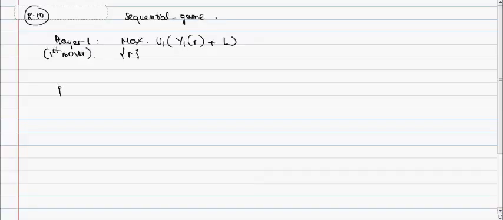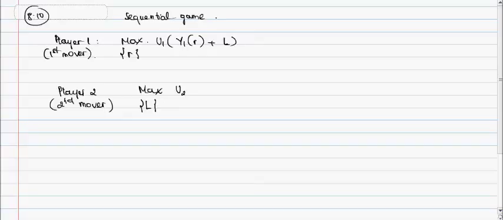Now for the parent, they are player 2, the second mover. They are going to choose an amount L they would like to give to their child in order to maximize their objective function.